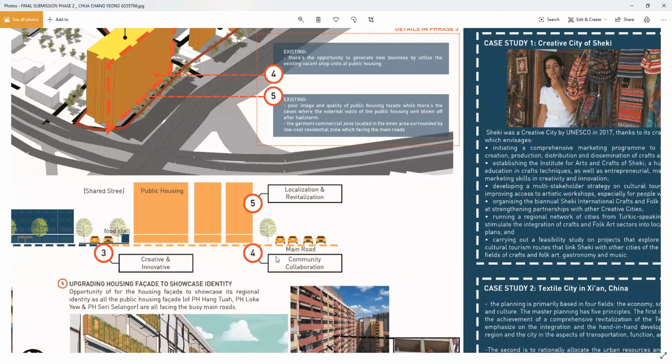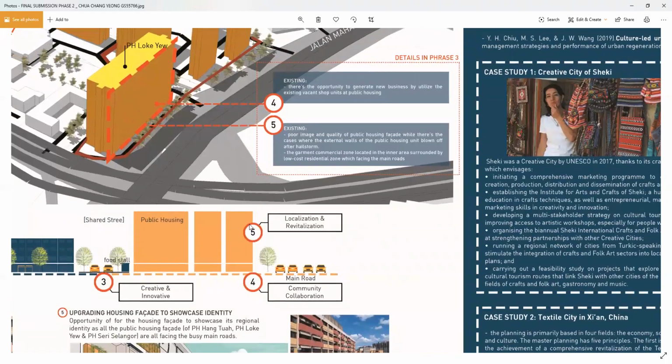And then the fourth one, we mentioned how we use the weekend shop as a garment studio, a fashion workshop for the old people. Okay, so it's about the community collaboration between the young generation and the residents, and also the collaboration between the young creative class and the commercial zone as a supplier.